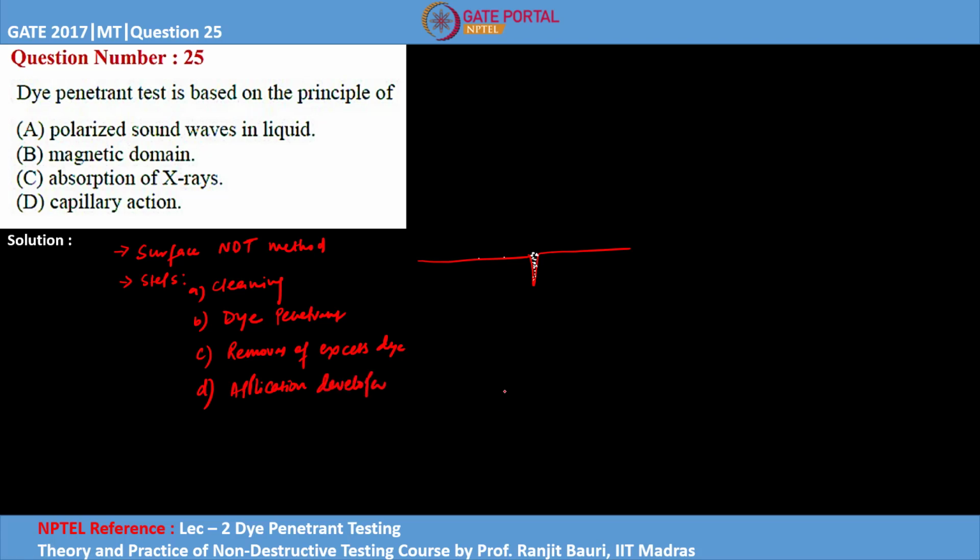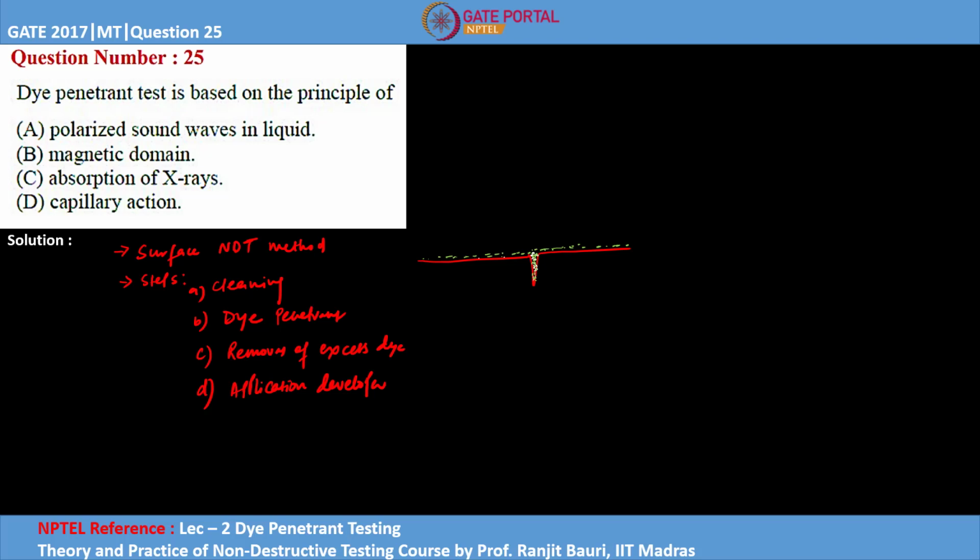So what we will be doing is spraying a developer on the surface, and this developer will be reacting with the penetrant which we sprayed earlier, which is present inside the crack. This reaction between the developer and penetrant will lead to reverse capillary action.